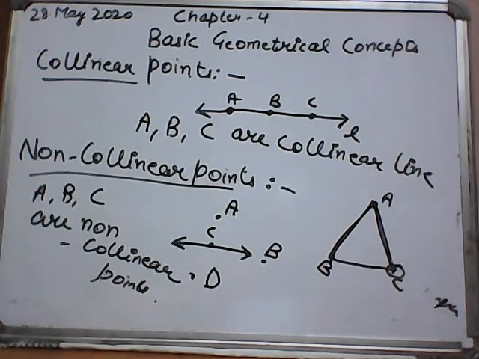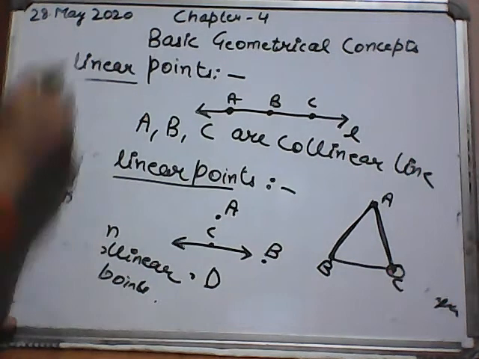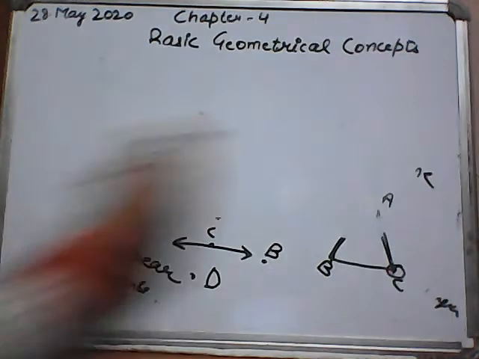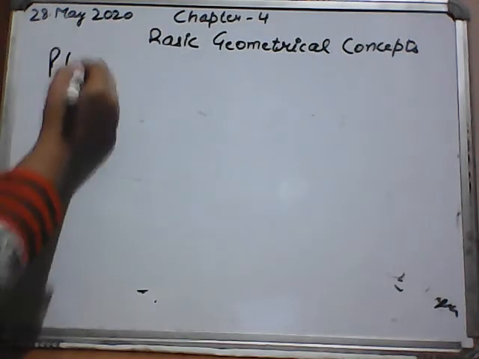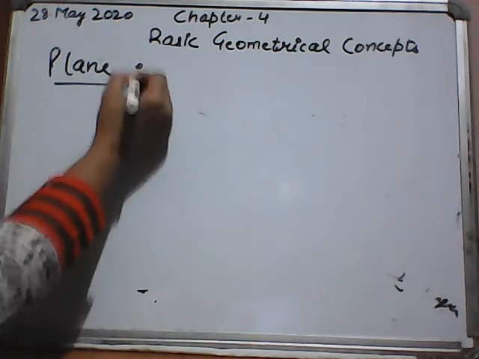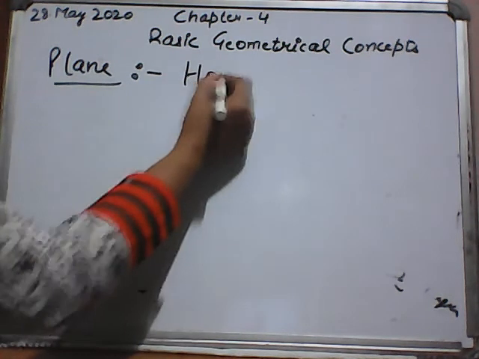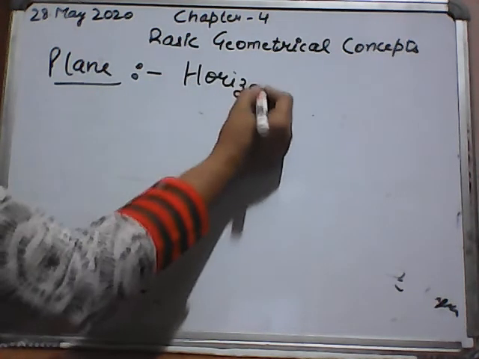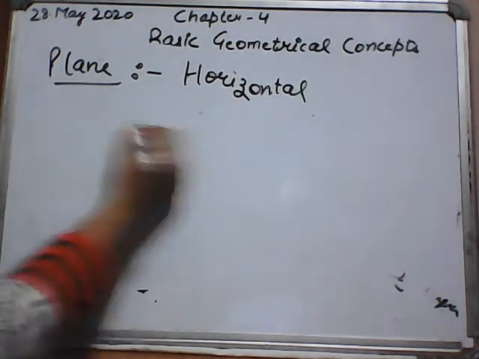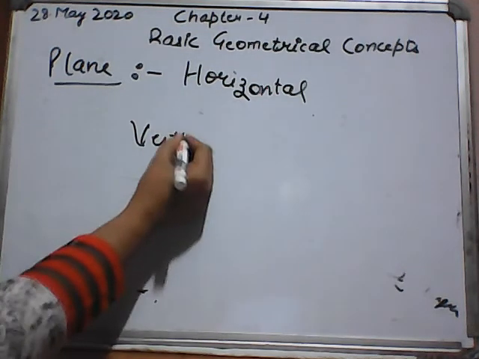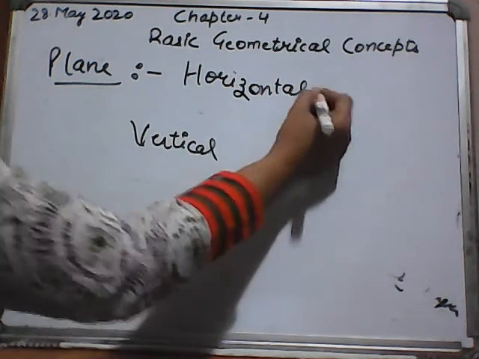Now the next concept is plane. A plane is a flat or curved surface area. For example, there are two types of plane, horizontal plane and vertical plane. What is an example of a horizontal plane from our environment?